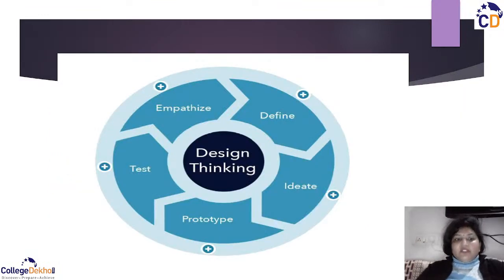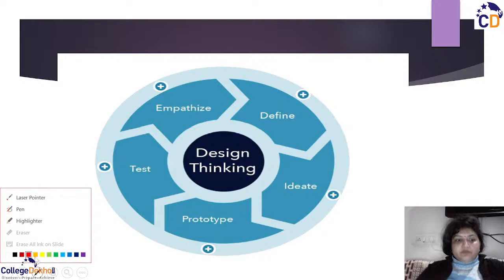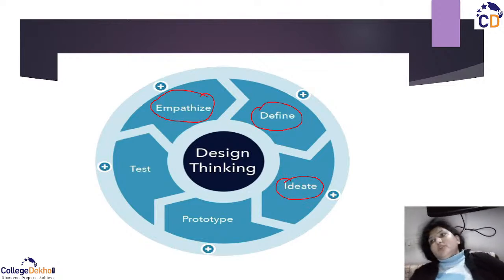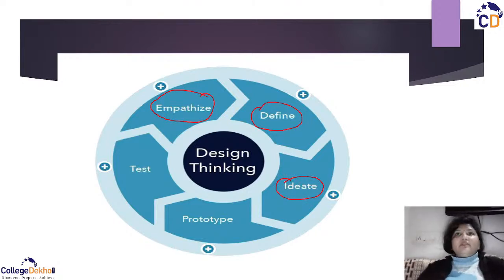Now these are the different stages of design thinking. First is empathize, then define. Now you define the problem, then you ideate: this could be the idea to solve that problem, another idea, and a number of others.